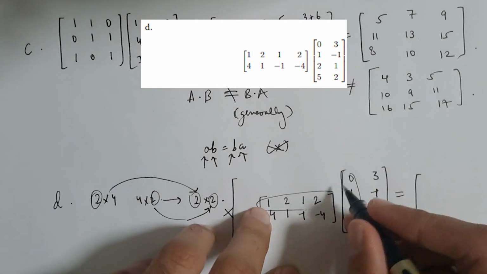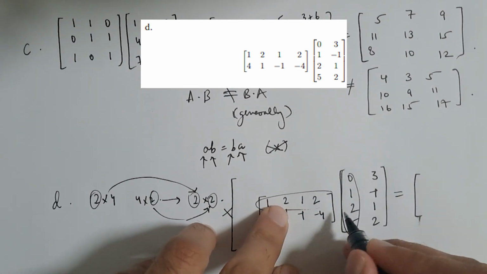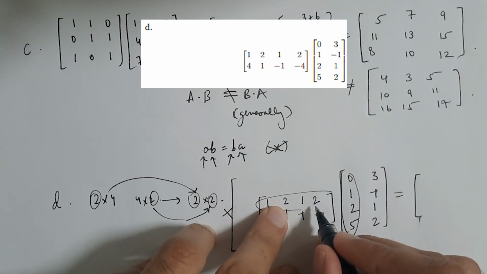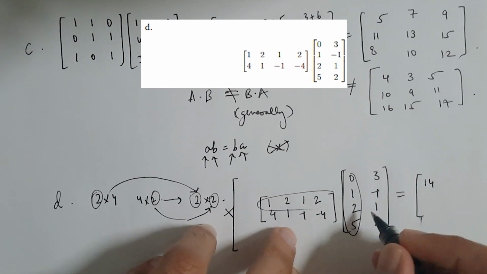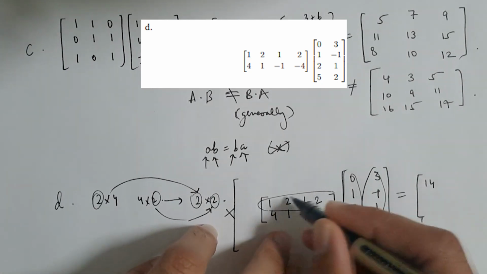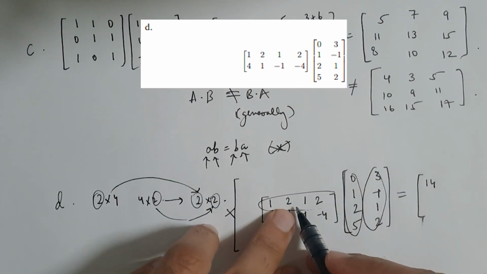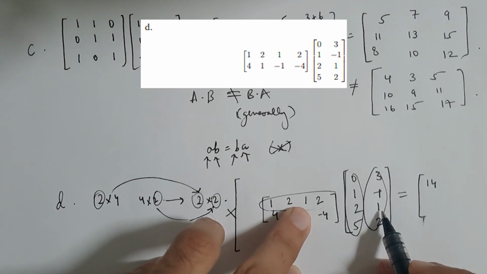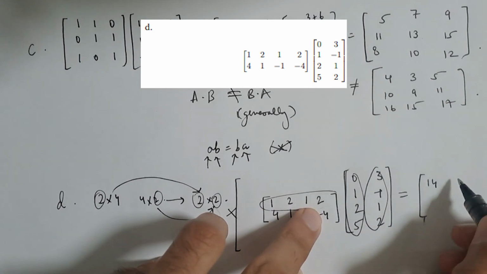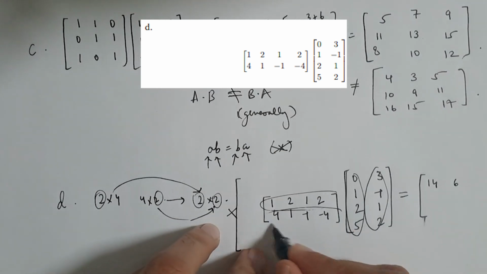That'd be 0 plus 2 plus 2, that's 4, plus 10, so that's 14. Then this and this, so 3 minus 2 is 1, plus 1 is 2, plus 4 is 6. Let's look at this.